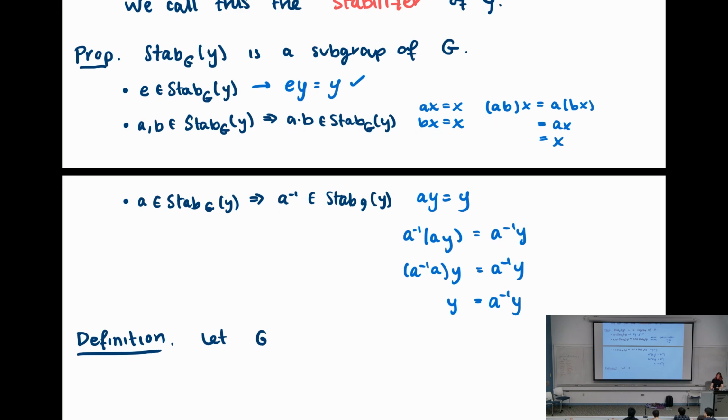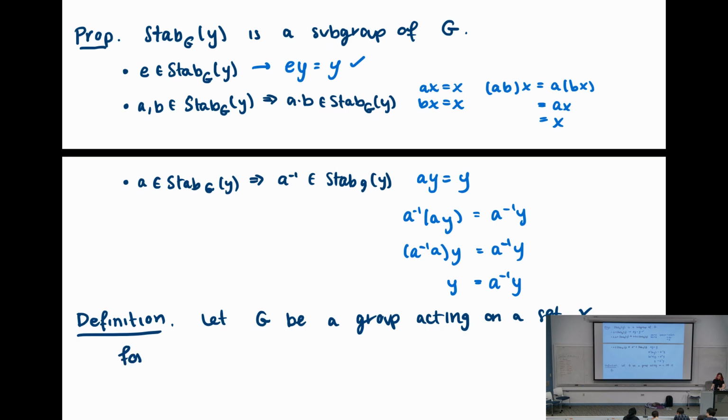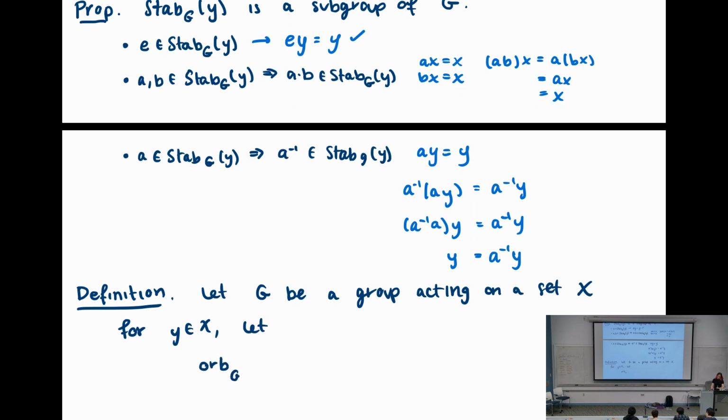We're going to let G be a group acting on a set X. And then for any Y in X, we'll let orb_G(Y) be the set of all gY such that g is in G. Okay, so this is a subset of X. It's all of those elements of X that you can act on Y and get to one of those elements. So it's called the orbit of Y.